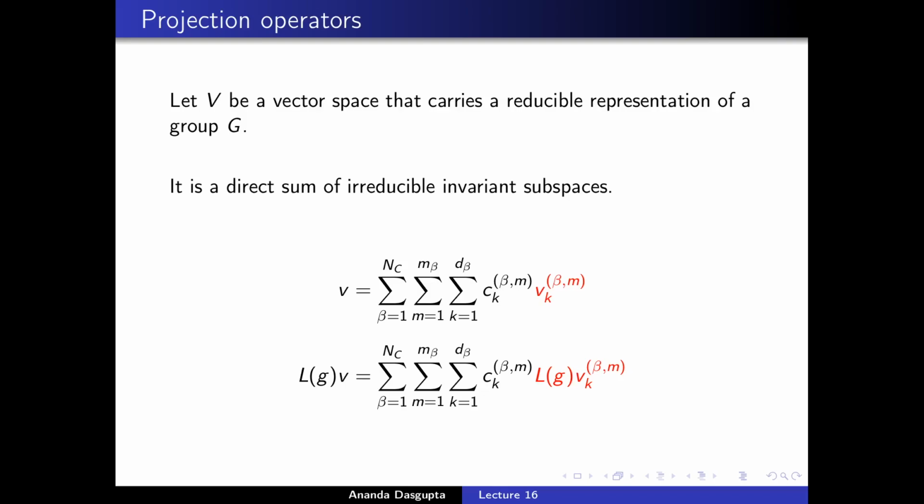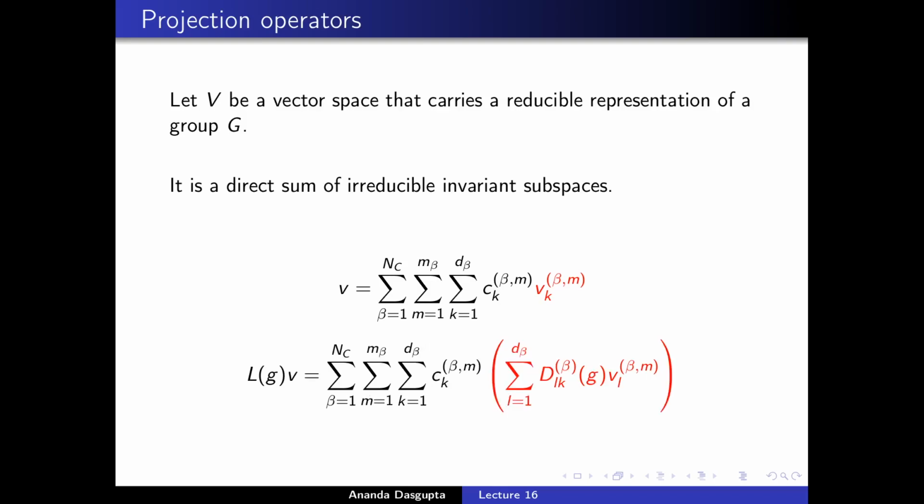But now, notice V beta mk is nothing but the kth basis vector in the mth copy of the representation labeled by beta. So this is going to give me the sum over l equal to 1 to d beta of d beta lk of g times v beta ml.